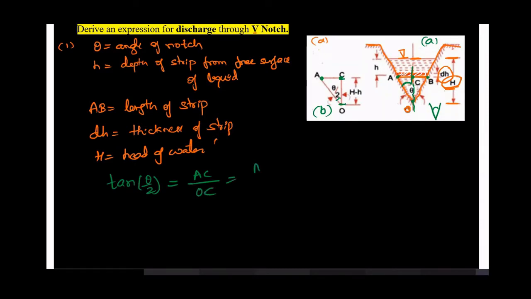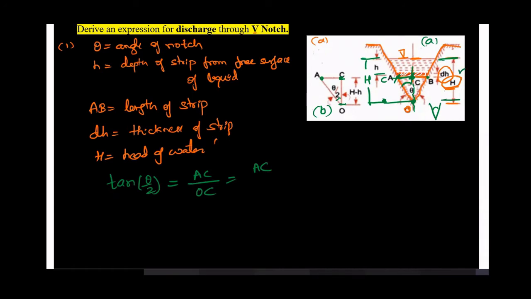So AC, we don't know the length of AC, write as it is. But we can write the height OC, from here to here, is equal to H minus h. This is O, this will be C. From here to here it is H.